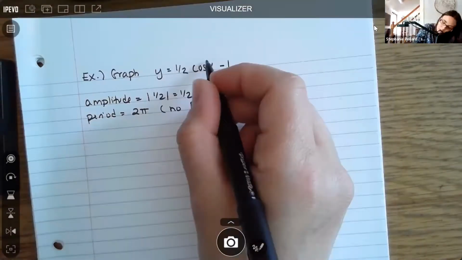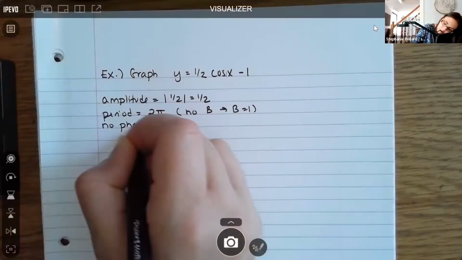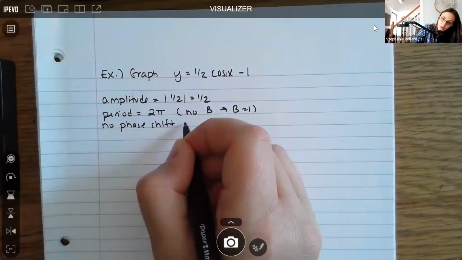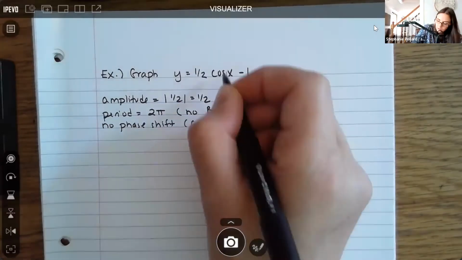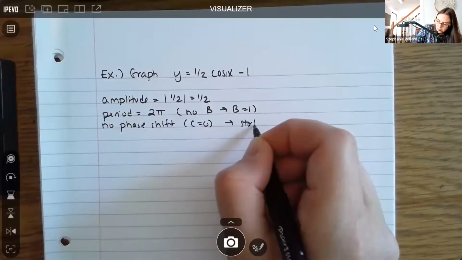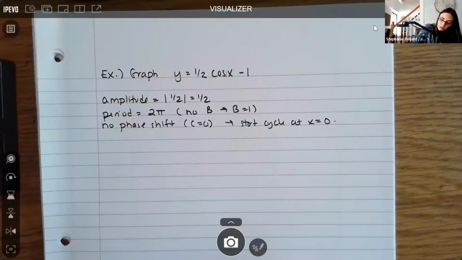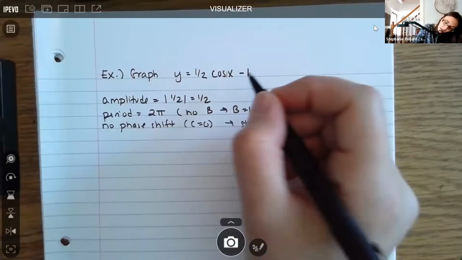So there's no b. And there's also no phase shift, right? So c is equal to 0 here. There's no phase shift. So we start the cycle at x equals 0. But you do have a vertical shift. So notice that your d is equal to -1.